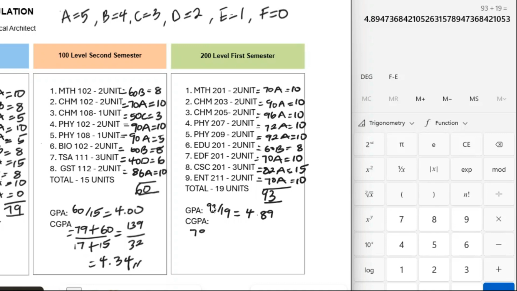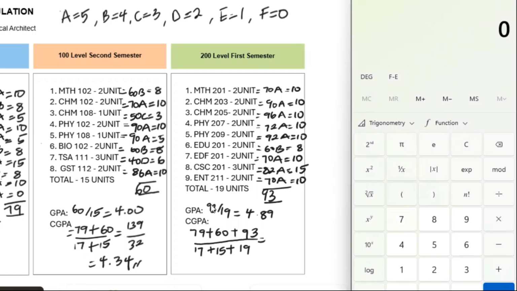Your first total point was 79 plus your second semester, which was 60, plus 200 level first semester, which is 93, divided by the total units in first semester, 17, the second semester, that's 15, plus the third semester, which is 19. So 79 plus 60 plus 93.